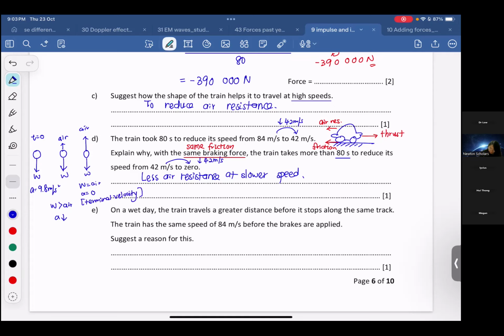This is something we learned a few lessons ago. Here I want to emphasize, and this is how it relates to our topic right now, that air resistance increases as speed increases. Accelerate means speed increases. Although acceleration decreases, the speed does not increase that fast.